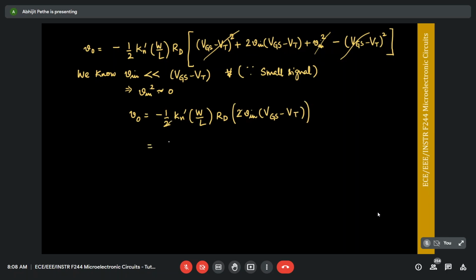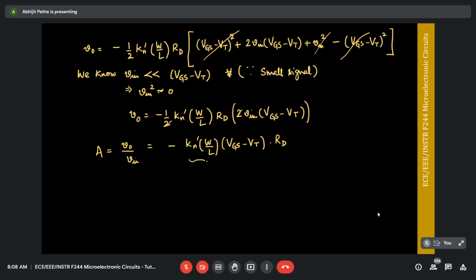So what I'm left with is minus Kn prime W by L times VGS minus Vt into RD. Suppose I bring the Vin back here. So V0 by Vin, which is nothing but the gain of the amplifier, is given by this.